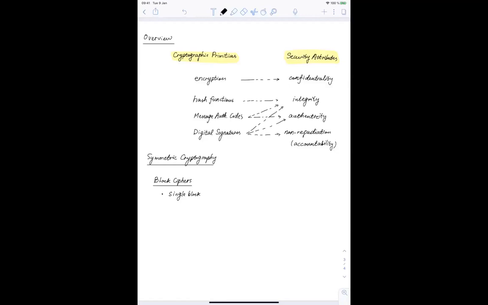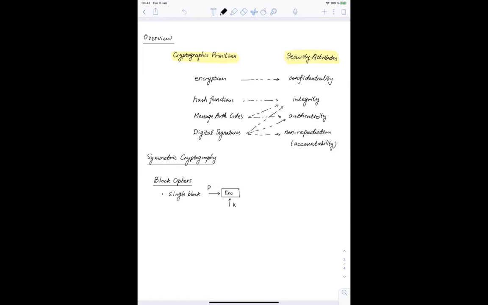And we have an encryption algorithm, and we have a key and another input, plaintext.